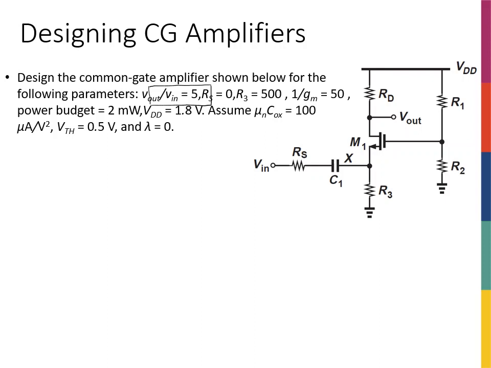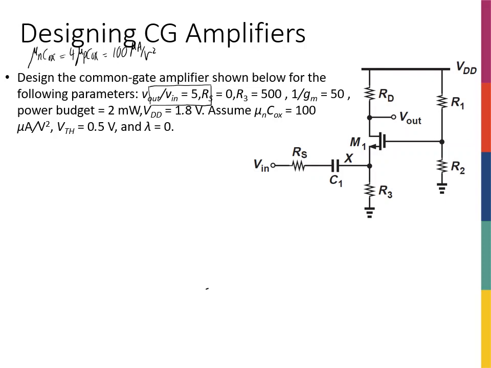One thing I noticed from marking your quiz number 2 and number 3 was that a lot of you have problems actually reading the question. For example, for quiz 2, we had mu n Cox equal to 4 times mu p Cox equal to 100 microamp per volt squared.